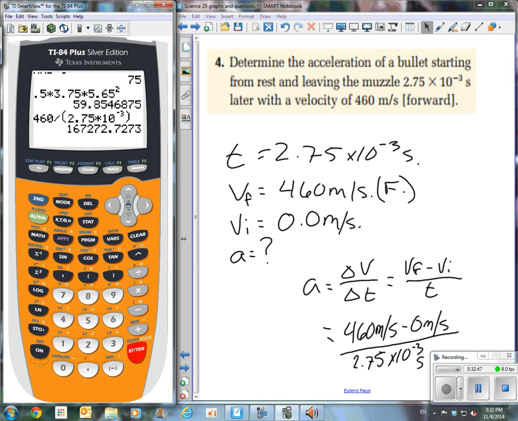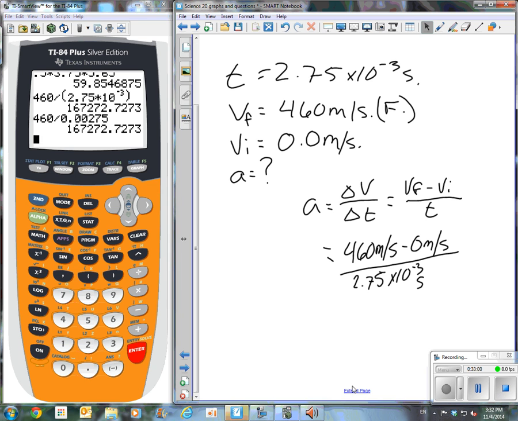So I've got a very, very high number. Just to make sure here, 460 divided by 0.00275. If I put in the decimal, same number, perfect. So I did my calculation correctly. So 16772.72 meters per second squared.